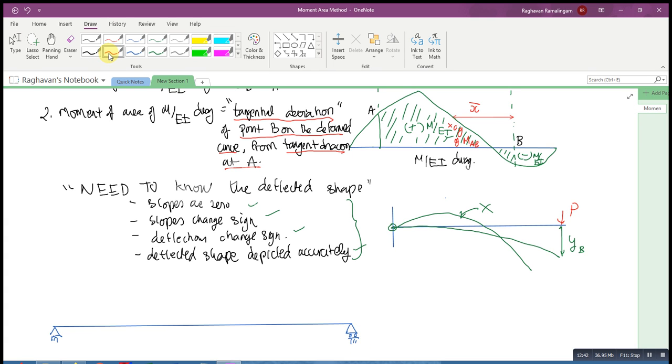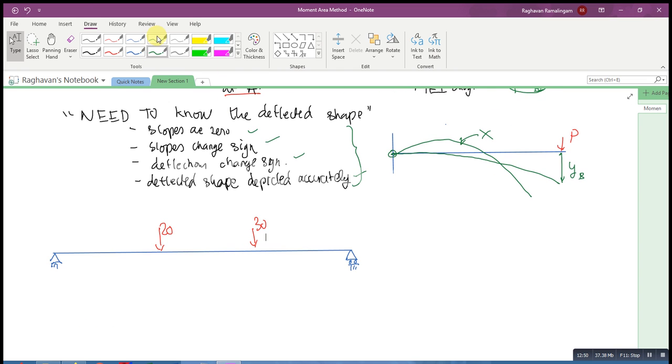And let me give it a load of say 20 and 30, all these being separated by 5 meters each. All right, so 5 meters each is the spacing.